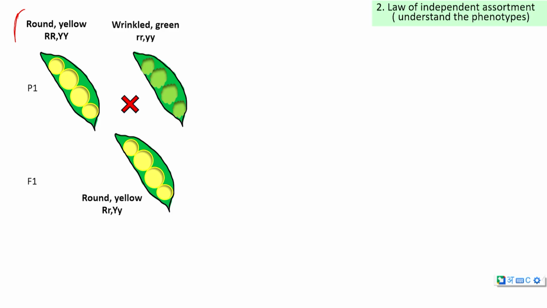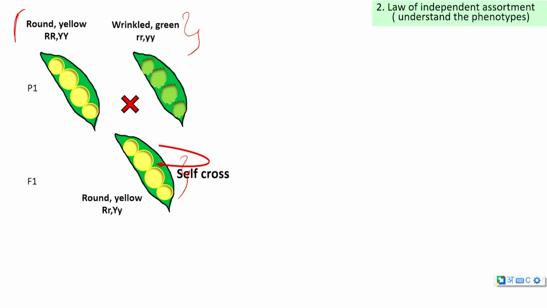So, you can see what we have written. To depict roundness we are saying capital R, to say yellow we are saying capital Y, and for wrinkled small r, and for green small y. In the F1 generation we are seeing heterozygotes. I hope that now you are very much familiar with homozygous and heterozygous. So, these are the pure lines, and then this one is the heterozygous.